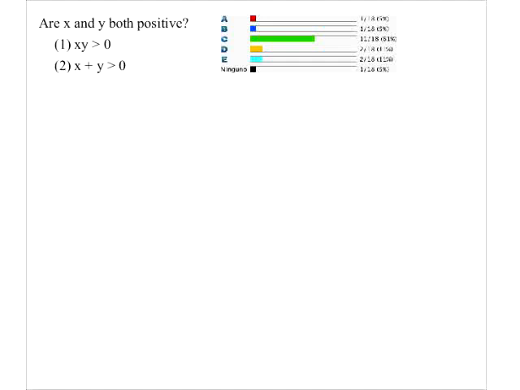All right. Here's the result. The class did a lot better at this one, but still we had people picking the others, so let's make sure we discuss. Remember that a yes on this question means both positive, and a no means at least one is not positive.